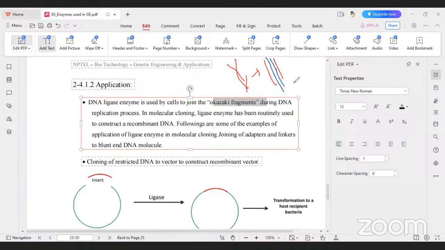But what happens while synthesizing this DNA is that one strand runs 5' to 3' and the other runs in a different direction. So one goes in one direction and another goes in a different direction. For example, here it starts 5' to 3', and here 5' to 3'.